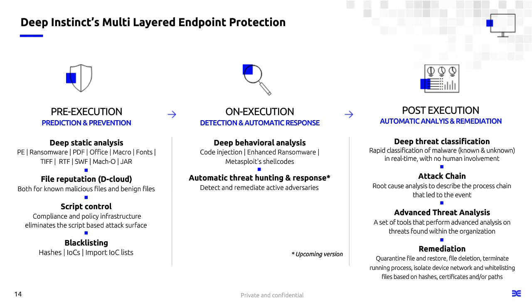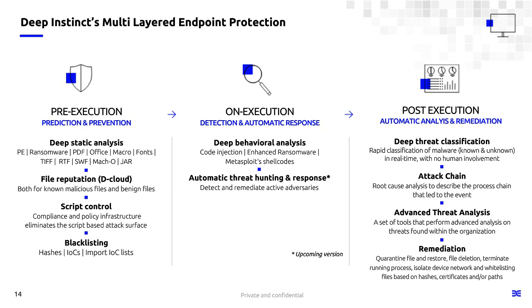The second stage is on execution. So in the rare event that the pre-execution stage did not prevent the malicious file that is running, the product also includes on-execution stages. This is a very good example of the multi-layered protection that I mentioned in the previous slide. The first is behavioral analysis.